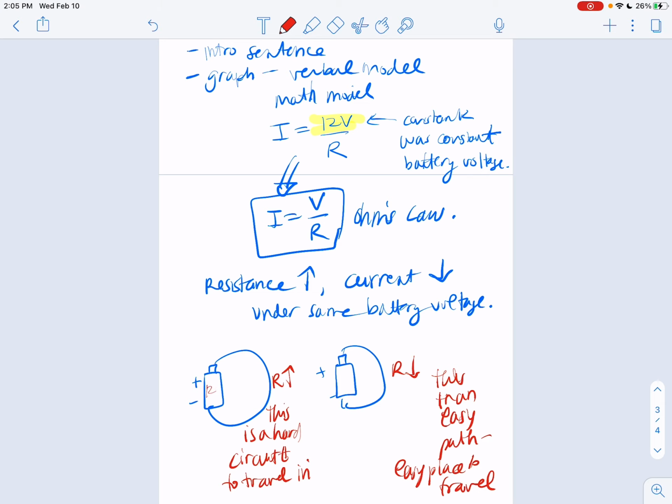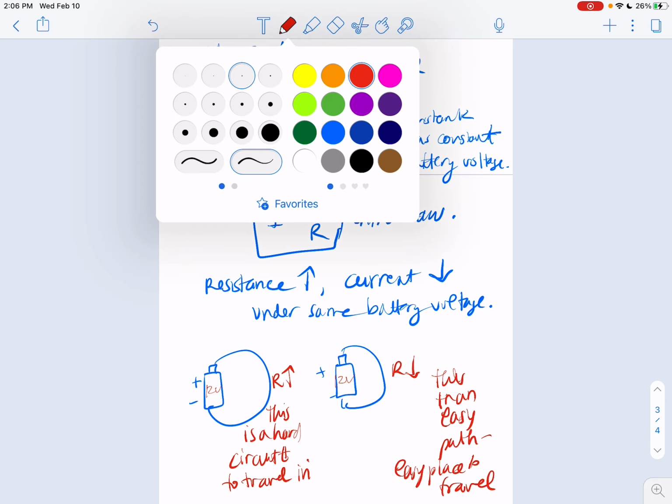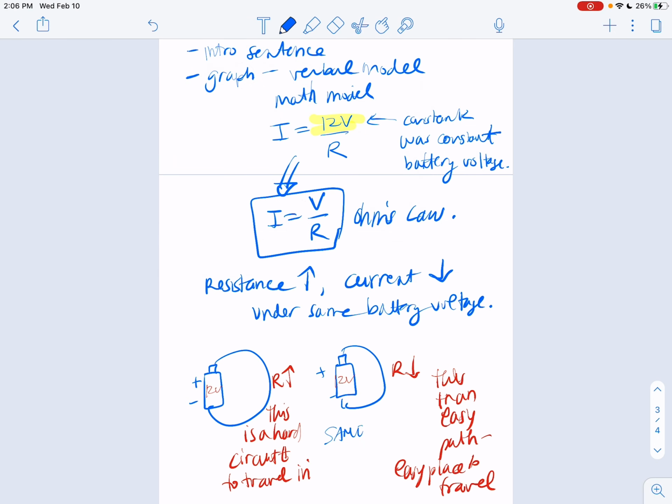If the battery's providing the same push, of course, in the more difficult circuit, that's going to be less charge flow, because the battery only has so much push to give, and if the circuit's a very difficult place to go, fewer charges are going to be able to flow.